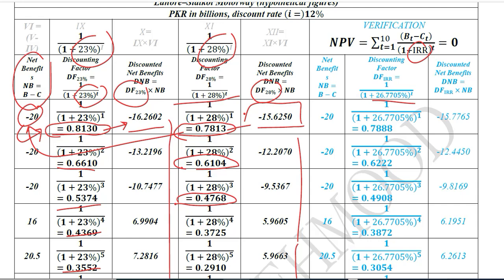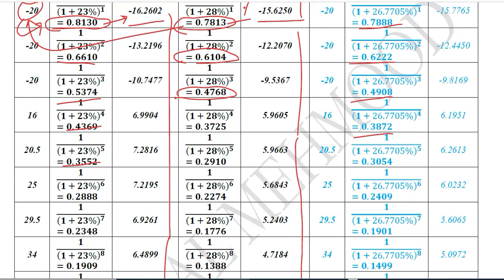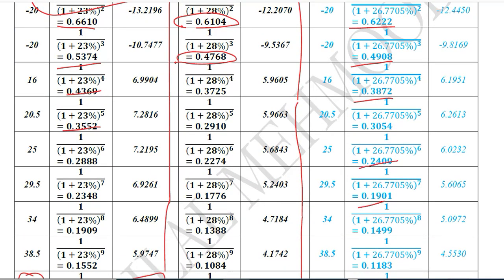So here we will calculate the discounting factor at IRR, and the answers will be there. As you can see, I have calculated all of these values, which are the discounting factors at IRR, 26.7705%. I have kept a high level of precision by choosing 4 decimal places, which is a good thing.